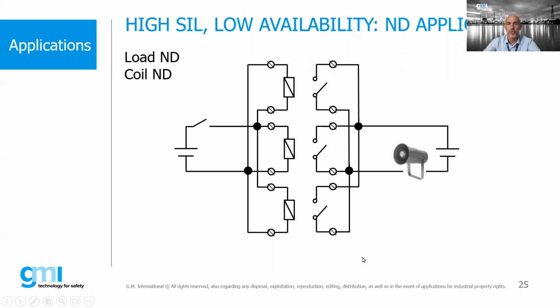Also, this configuration for normally de-energized, which is SIL3 for safety, has low availability, because one relay can of course activate the load in this case because of a failure.